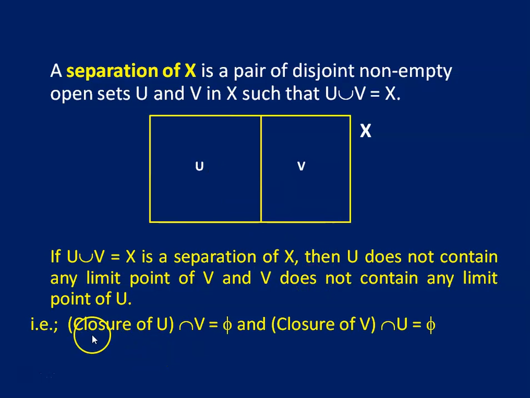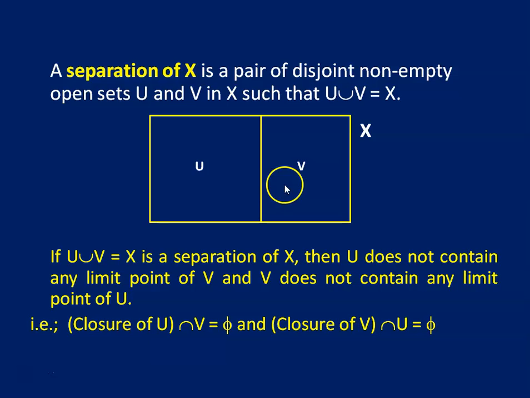That means closure of U intersection V is empty. Similarly, closure of V intersection U is empty. Closure of U intersection V is empty because we know that closure of U is U along with all its limit points.